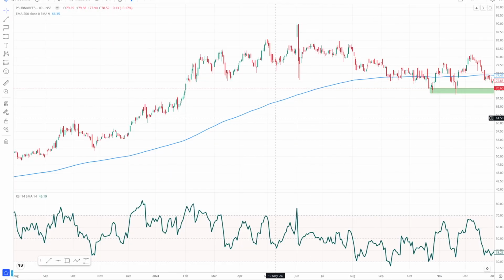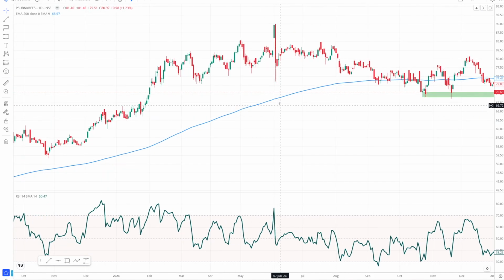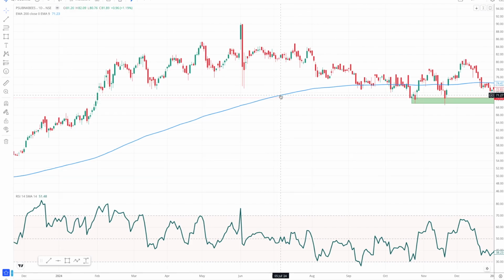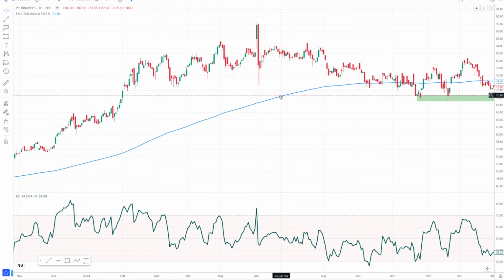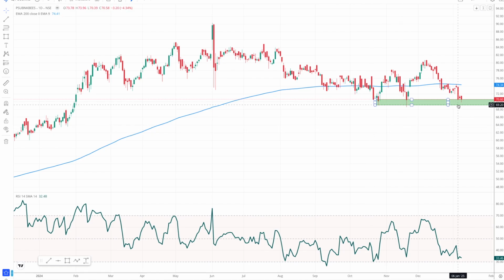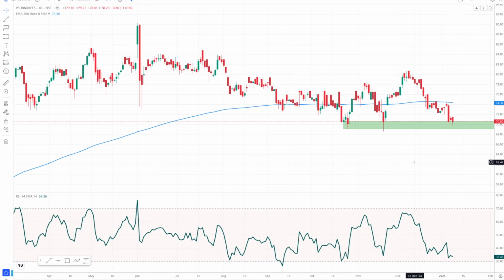So I have taken the daily chart. The blue line that you see here is the 200 exponential moving average. Currently, the PSUBNKBEES is trading at around 70.32. The RSI you can see is at 33.